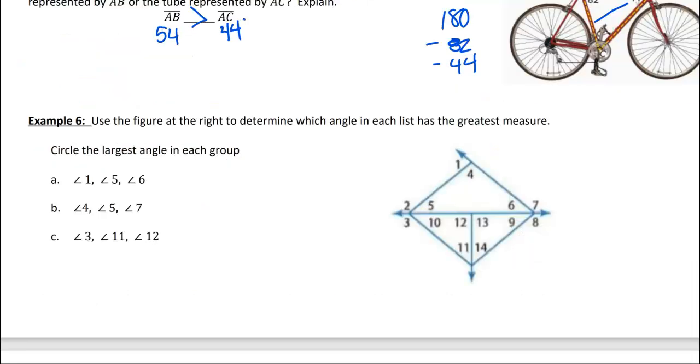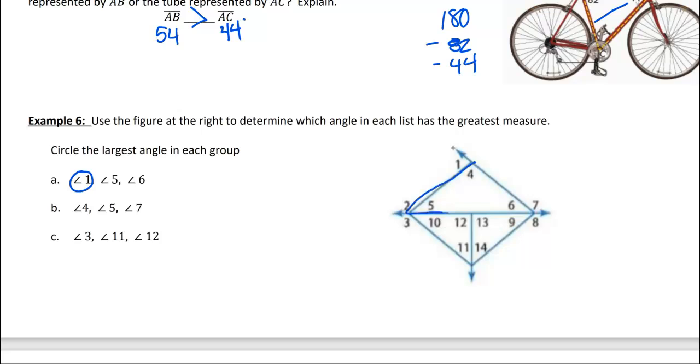In this last section, you are going to find the largest angle, which remember, if we relate it to our two remote interior, the biggest is going to be the one outside. So I'm going to highlight here my triangle that has to do with 1, 5, and 6. 5 and 6 are my inside. 1 is the outside. So 1 would have to be the largest angle. Now I'm going to look at 4, 5, and 7.